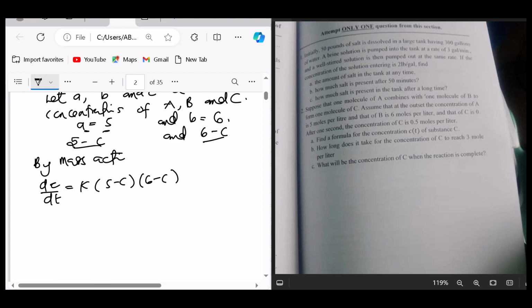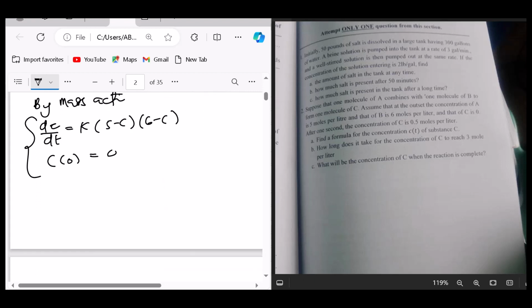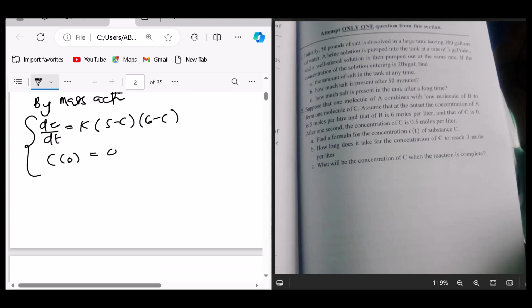And then they said that C of 0 is 0. So C(0) = 0, like this. So this is our IVP, which we are required to solve. This is what is modeling our problem.